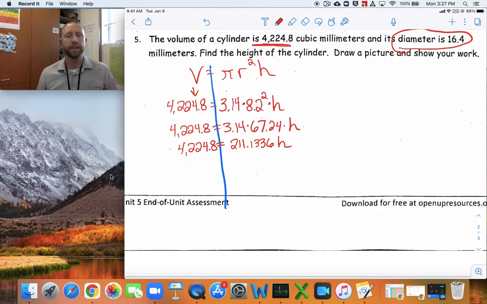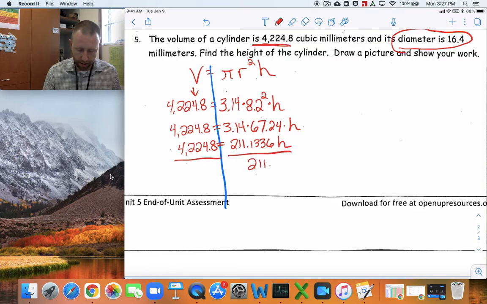I've got to get the h by itself. I see it's being multiplied by 211.1336. So I'm going to divide both sides by 211.1336. And when I divide both sides by 211.1336, h is finally by itself, and that'll give me the height.